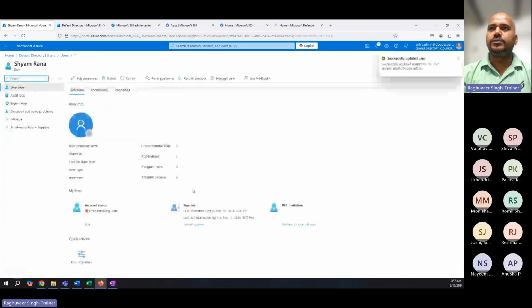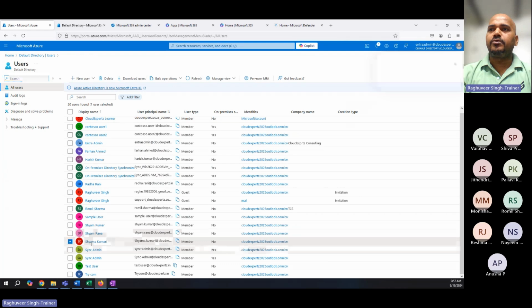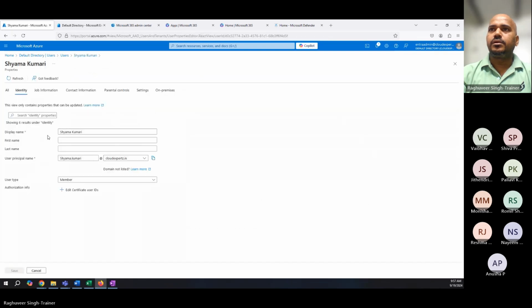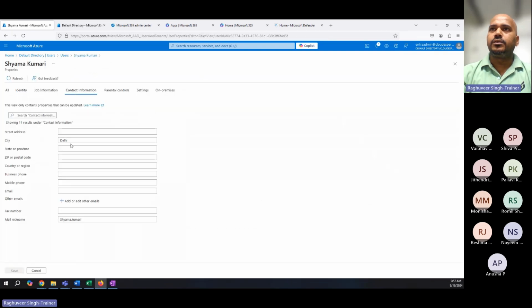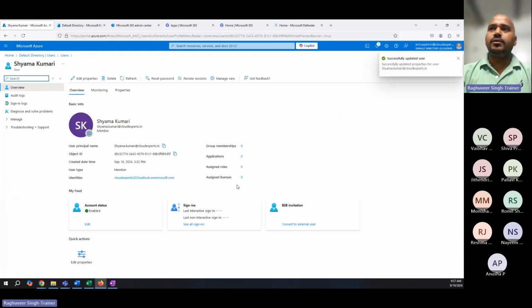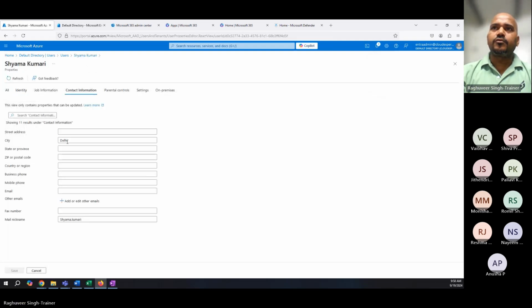I'll save this information. And similarly, I will have another user, Shyama Kumari. This user is from Delhi. I'm saying city is Delhi. And in the job information, let's put this user also as cloud operations. Okay, so I have 3 users here who are from Delhi.